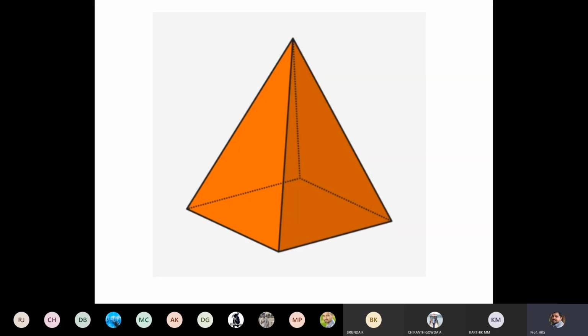In pyramids also, you can have a triangular pyramid, square pyramid, pentagonal pyramid, hexagonal pyramid, like that. You can have any pyramid. The pyramid which you can see in this figure, what do you call this? Which pyramid is it?